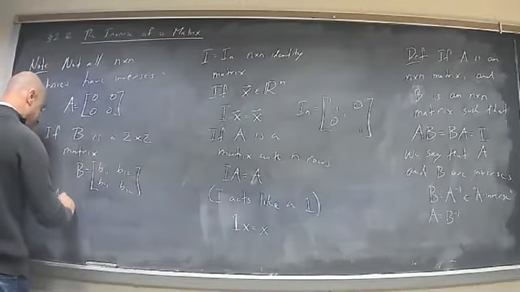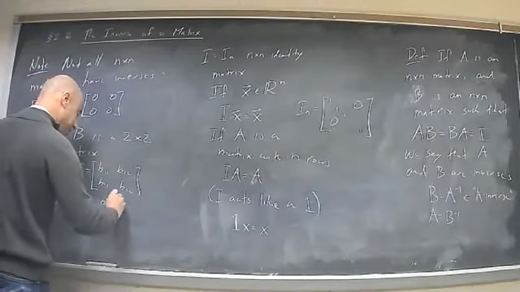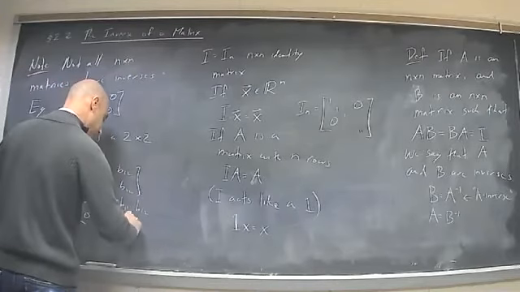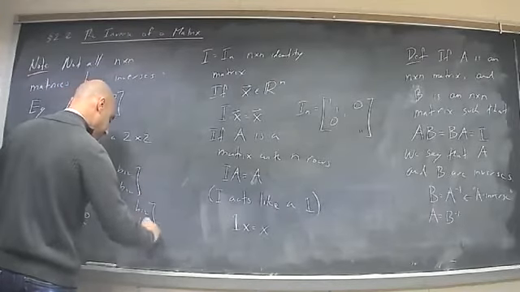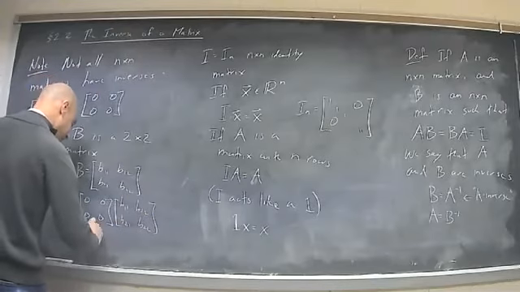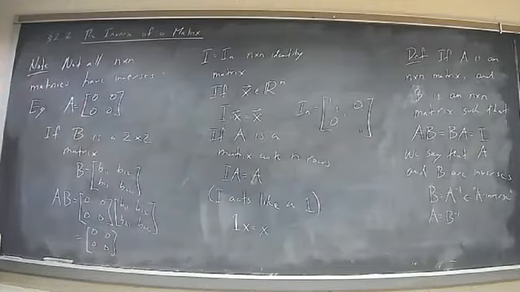If I take A times B, so 0, 0, 0, 0 times B11, B12, B21, B22, you can do whatever you want all day. You're going to get the zero matrix. There is no way to get the identity matrix. You can't get ones here because this matrix is all zeros. So not all n by n matrices have inverses.